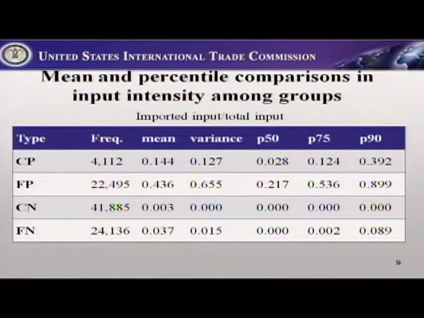But for the Chinese normal firms, they only have less than 3%. By percentile, even the top 10% by export amount is zero. Less than 1% of the 41,000 firms, less than 1% of their inputs come from imports.